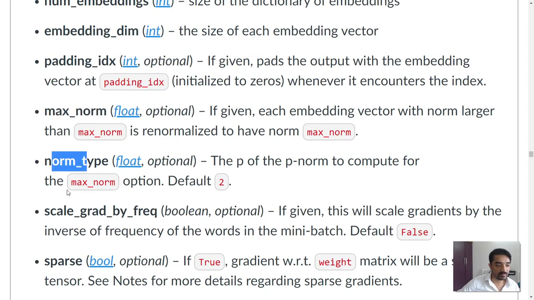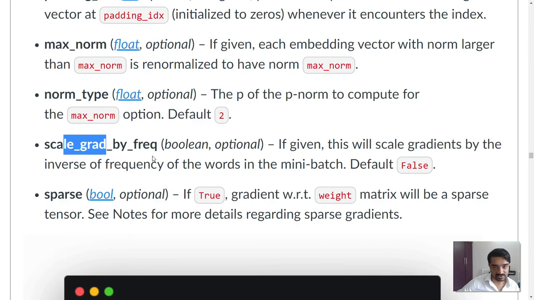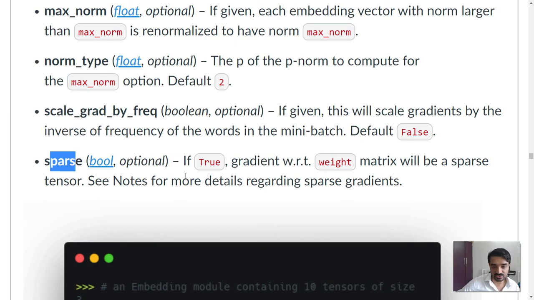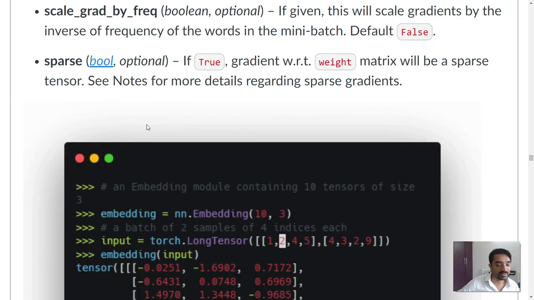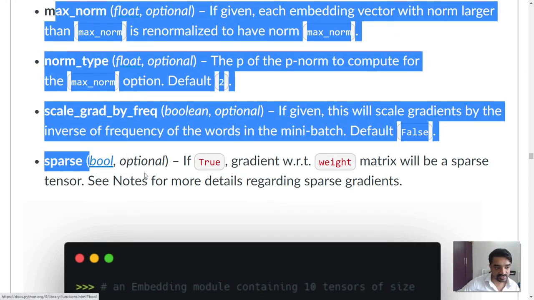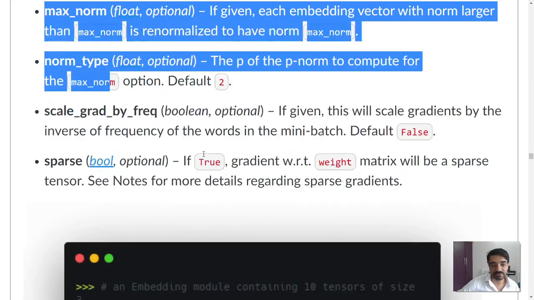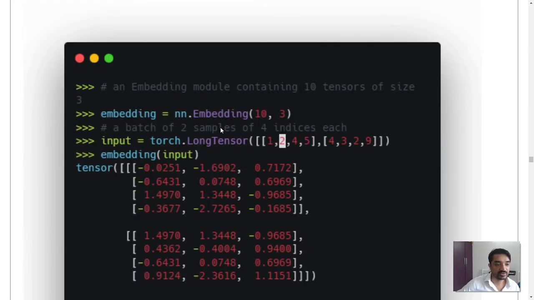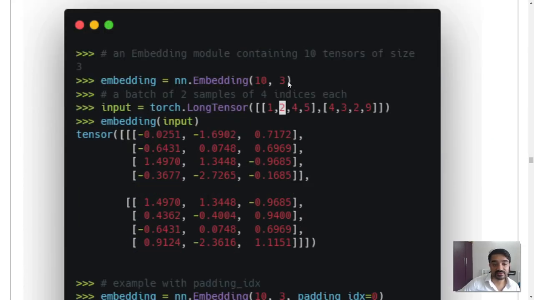Then max_norm, norm_type and scale_grad_by_freq are not the topic of the day. Sparse, also not the topic of the day. But you can guess some of these things, though we need to read more deeply into what is happening here. Now look at this code. We have embedding equal to nn.Embedding(10, 3). What are we saying? We are saying we have 10 as our vocabulary, and 3 is our dimension.